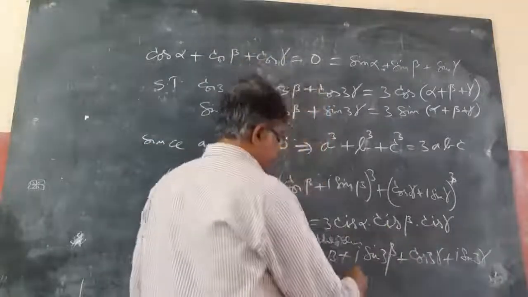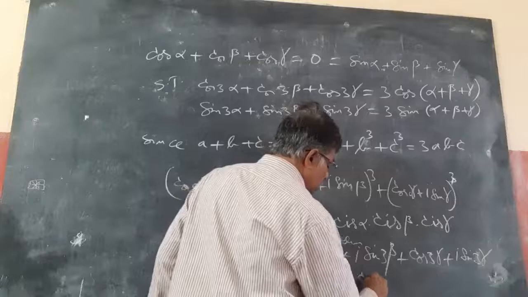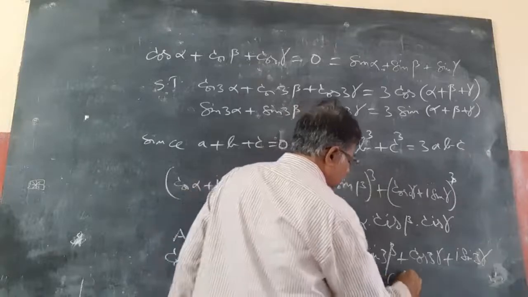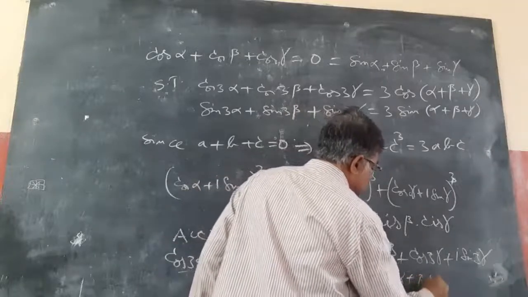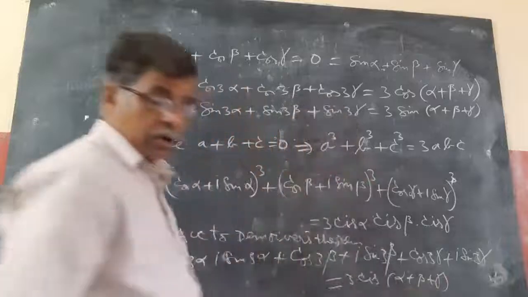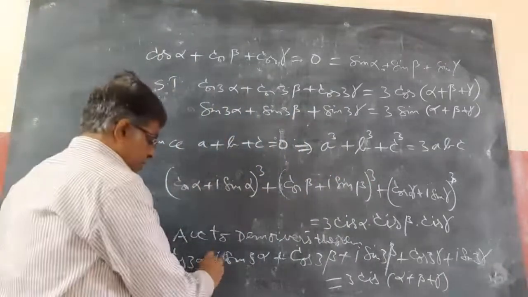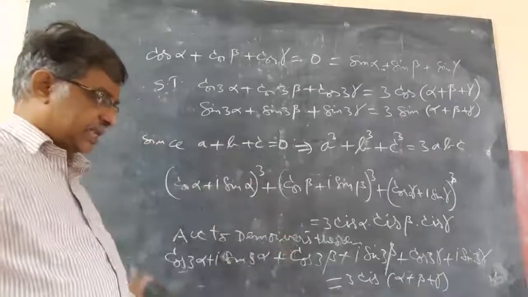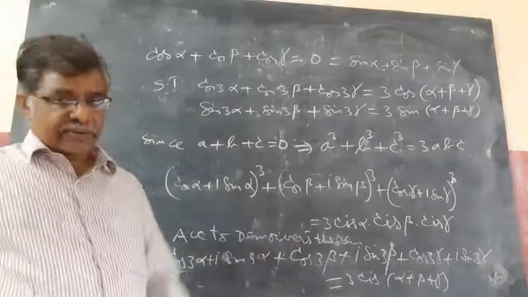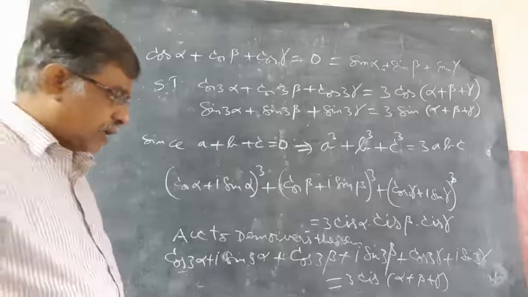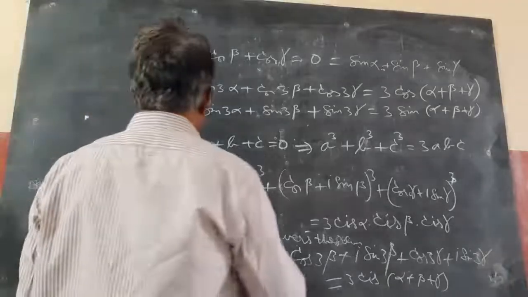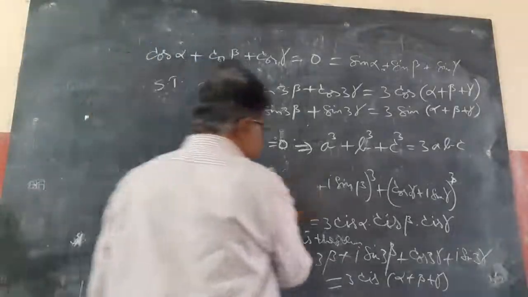So this becomes 3 into cis of alpha plus beta plus gamma. Now I will separate the real and imaginary parts on this side, and on that side I will expand cis, which is cos of alpha plus beta plus gamma plus I sin of alpha plus beta plus gamma.